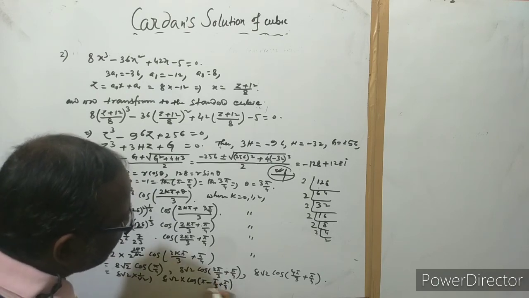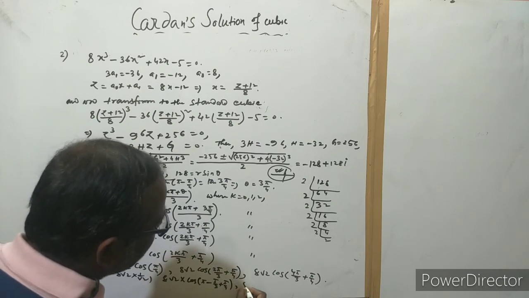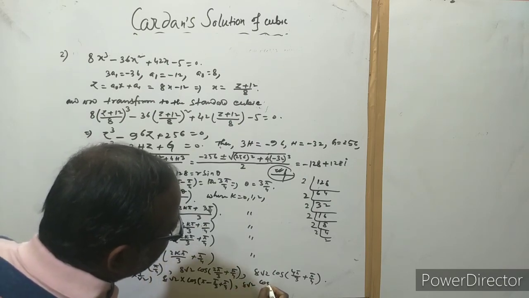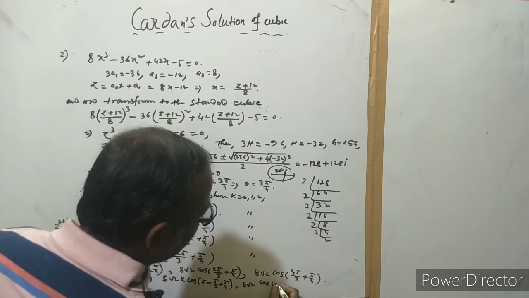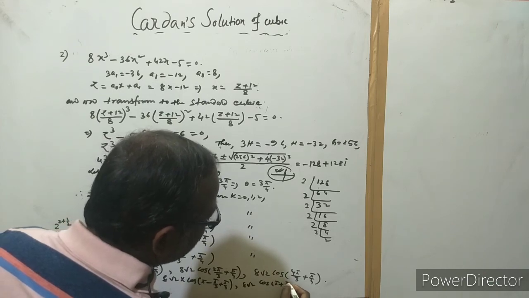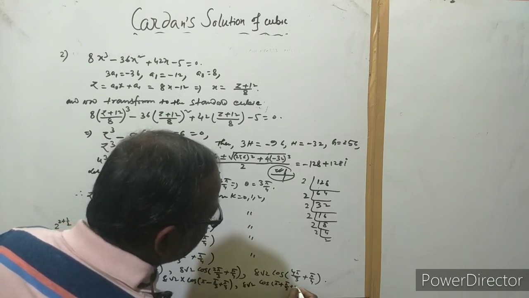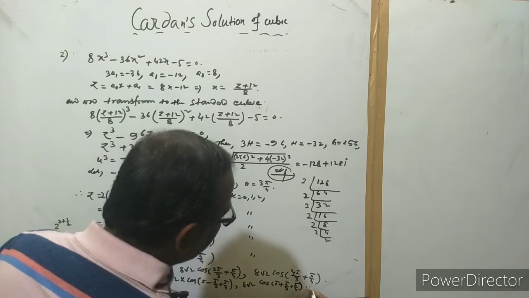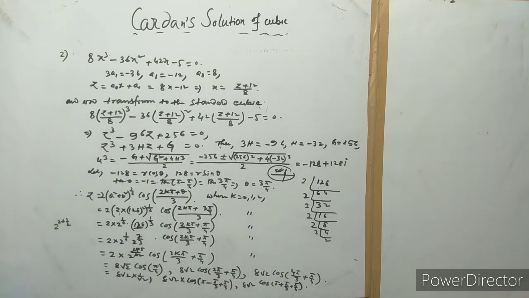Okay, so you can easily solve this. And 8 root 2 and cos of pi plus pi by 3 plus pi by 4. Okay, and apply the simplification, then we get the answer easily. Okay, bye everybody. See the solution carefully.